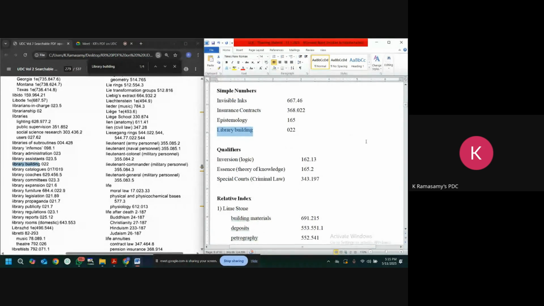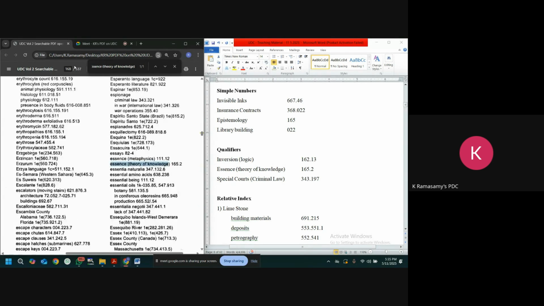Then comes another set of terms given in the alphabetical index called qualifiers. For example, I am searching for essence, theory of knowledge. There is a word called essence, but I want to analyze it from the point of view of theory of knowledge. You can see here the term essence, bracket, metaphysics, one answer is there.